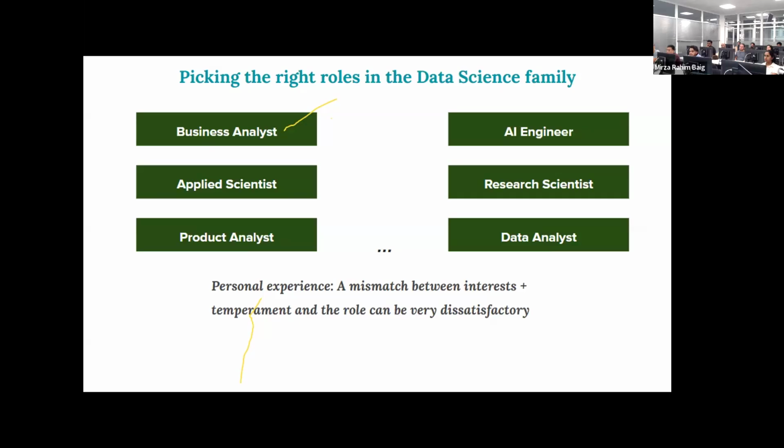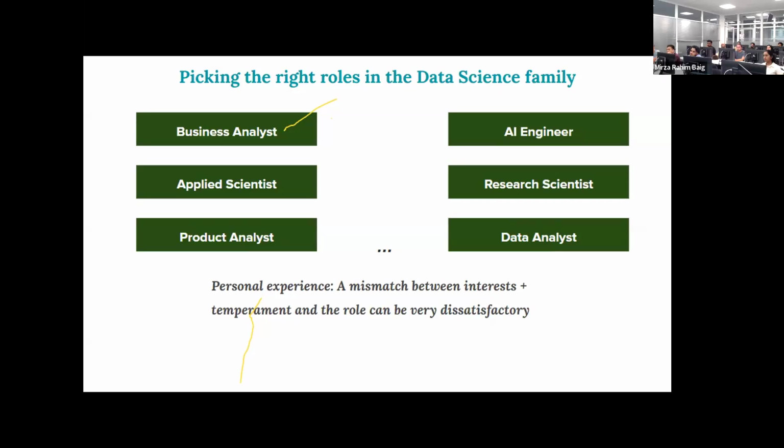So if there is a mismatch between your interest plus temperament and the role, this could lead to a lot of dissatisfaction, for sure. I understand in the beginning when you don't have a job, anything is good, fine. You think I'll just take whatever I get. But I would say don't go for a role because it seems attractive.